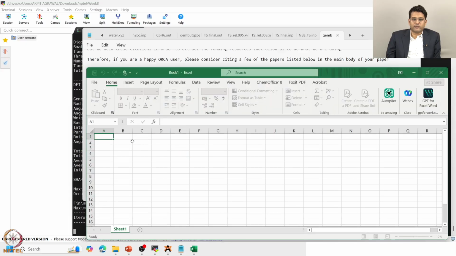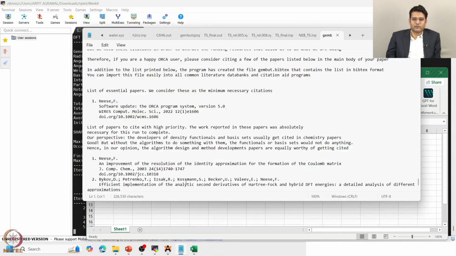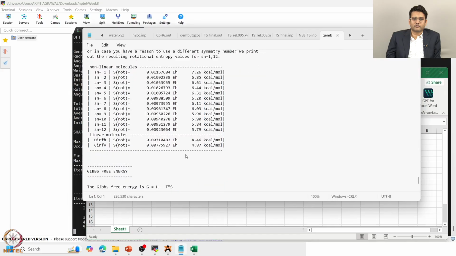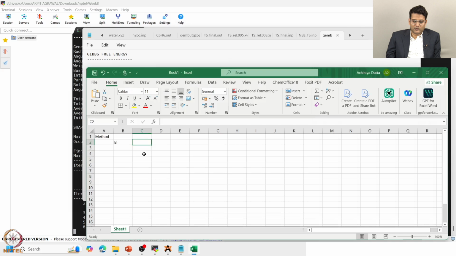First let us write the method. And this is electronic. This is G minus EL, and this is G.